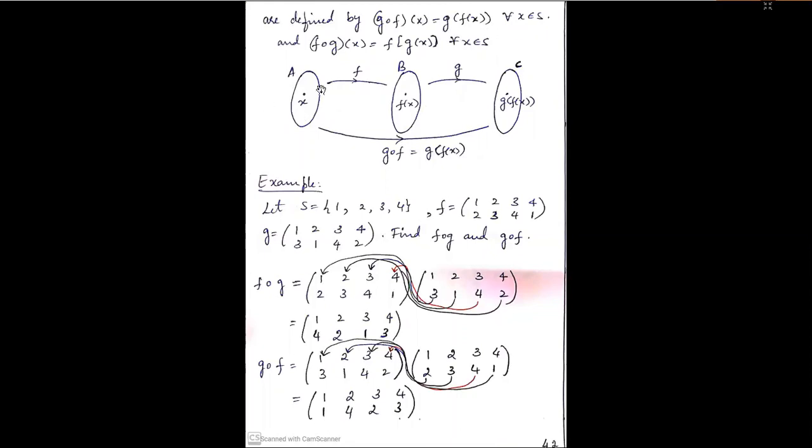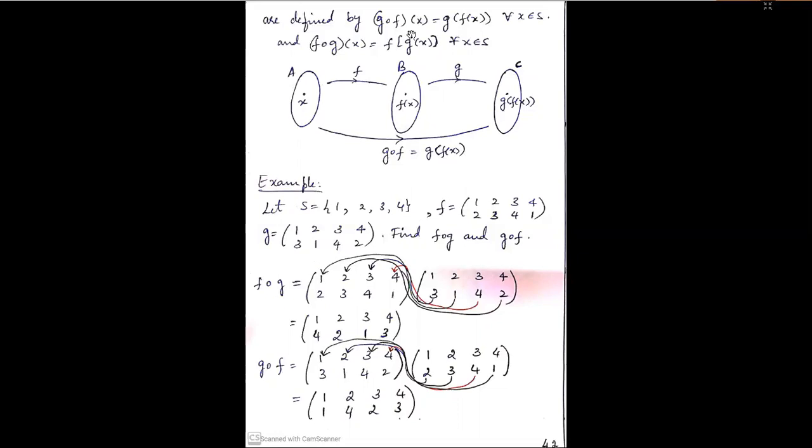belonging to S. So you have a function F from A to B and G is a function from B to C. Then an element x is mapped to element F of x through F, and this element F of x, so elements of B are of the form F of x, and G takes an element F of x to C in the form of G of F of x, and we denote that as G composition F. So G composition F is nothing but you operate F of x first and then operate G. So G of F of x.